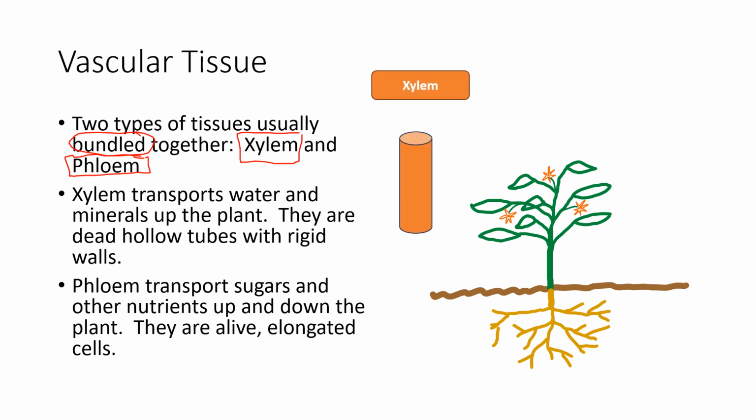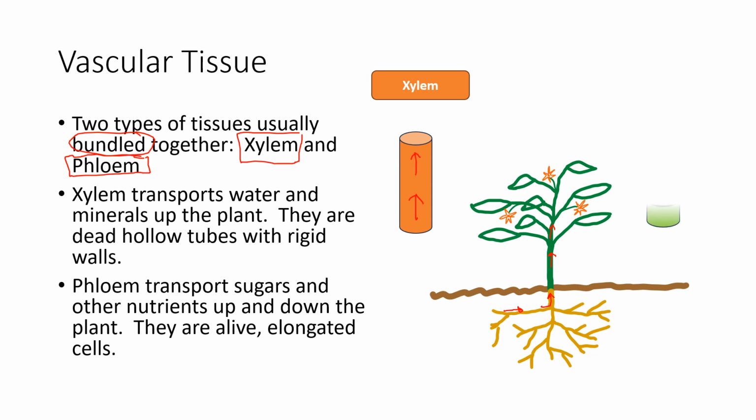These are the tubes that transport water and minerals up from the roots to the upper parts in the shoot system and the leaves. And once they're the right size, they're actually dead. There's no nucleus or anything there. They're just hollow tubes that make a sort of continuous pathway for water and minerals to come up from the roots to the rest of the plant.